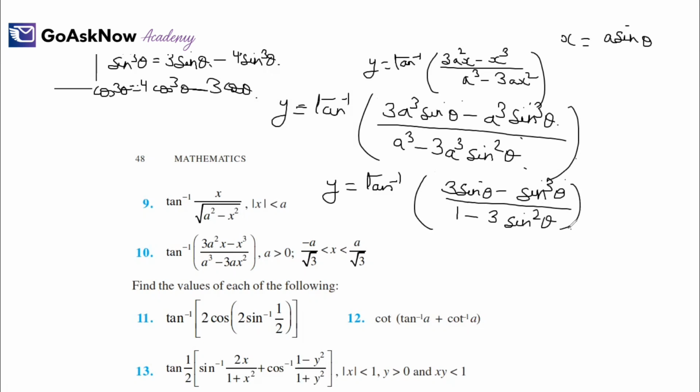Okay, so you can see that this is not giving any relation, but if you have substituted it like x is equal to a tan theta, then it will give you some relation that will become like tan theta formula. So just substitute here x is equal to a tan theta.